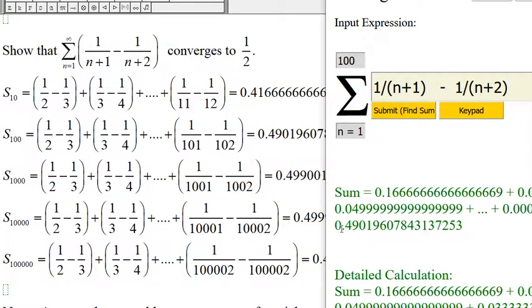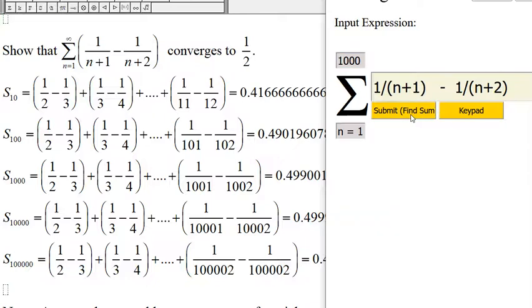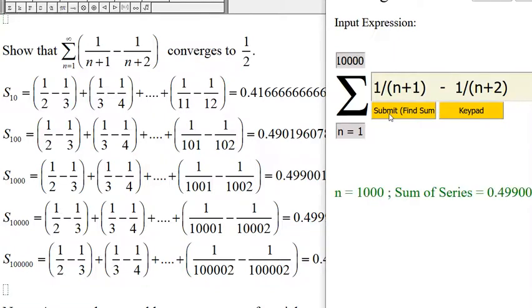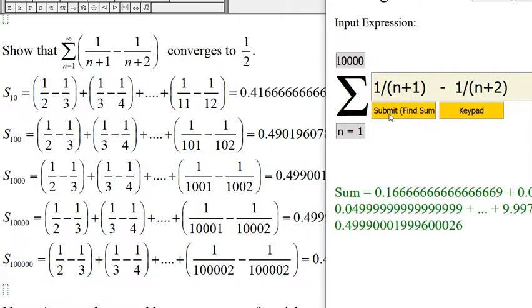And we get 0.490196. And now let's add the first 1,000 terms together. Then we get 0.4990. Now let's add the first 10,000 terms together. And we get 0.4999.